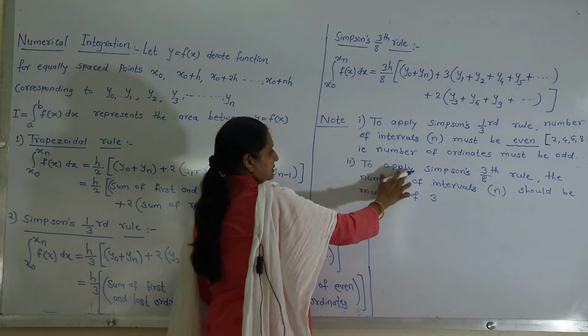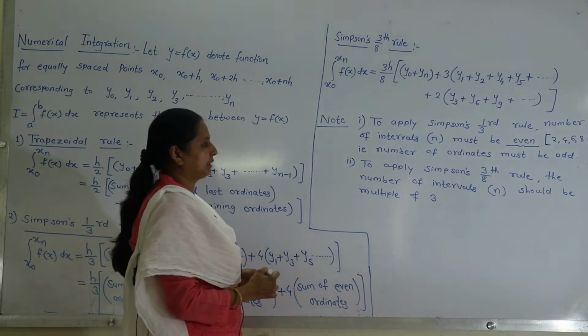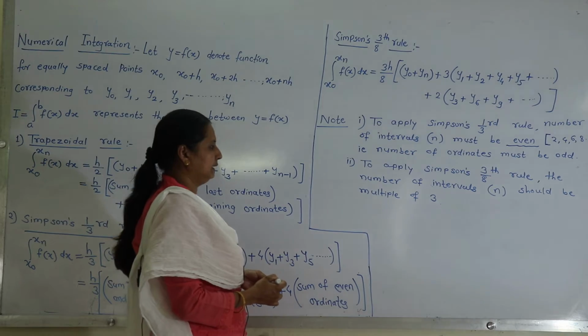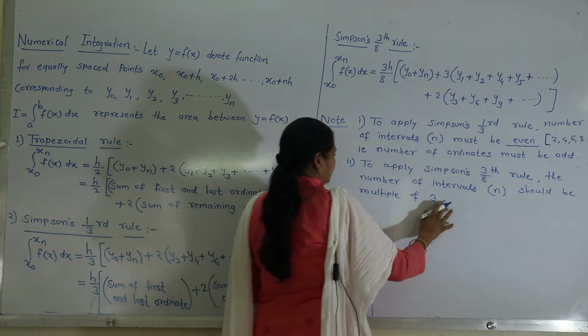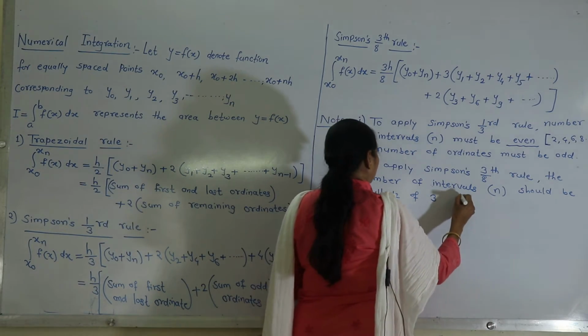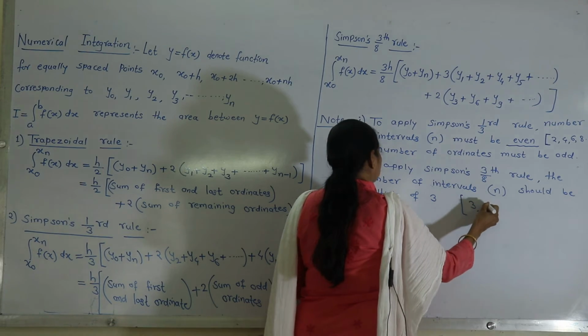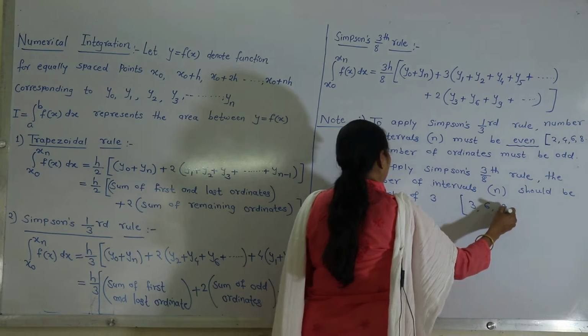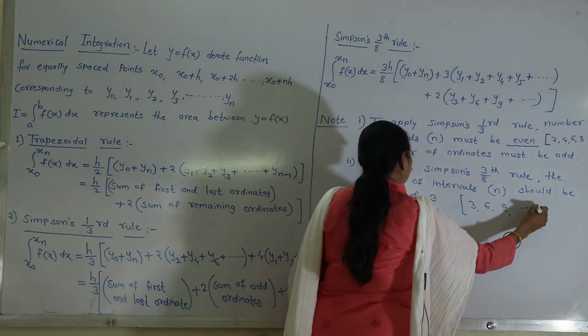To apply Simpson's 3/8 rule, the number of intervals n should be a multiple of 3, that means 3, 6, 9 and so on.